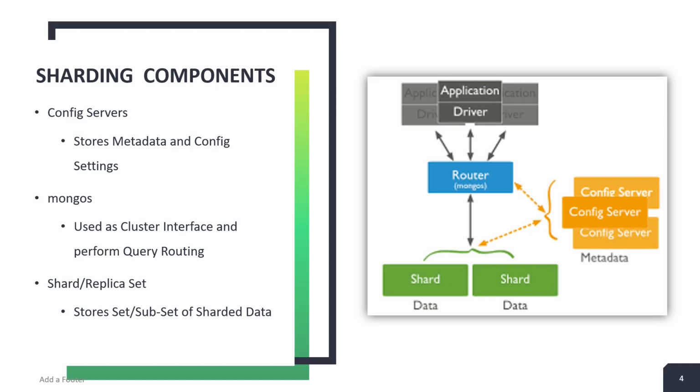So this is the interface which will receive all the connections from the end user, and then it will route to the appropriate primary instance that is running at the different sharded cluster. This is similar to a SCAN listener in Oracle. And the third one is a shard or the replica set. This is nothing but the actual storage where the data gets stored.